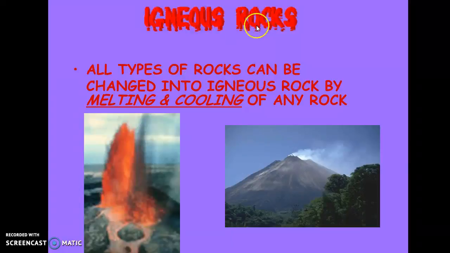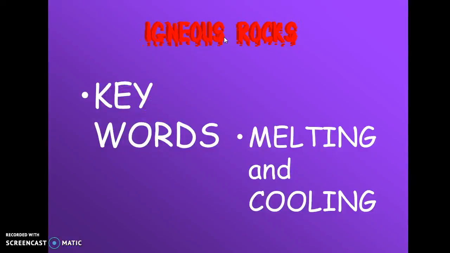That's how any rock can be turned into an igneous rock. So again, the key words there for igneous are melting and cooling. Definitely make sure that those two words are in your notes under igneous.